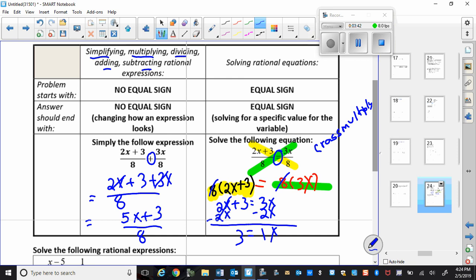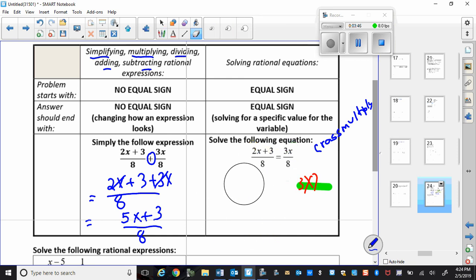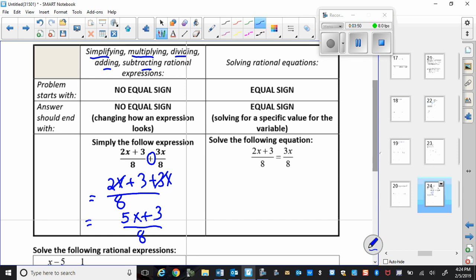this is the same as dividing. So another way we could approach that problem, we could rewrite it. Right? So this is the same as saying 2x plus 3 over 8 divided by 3x over 8. And what we know from before is we're switching these. We're taking the reciprocal here.